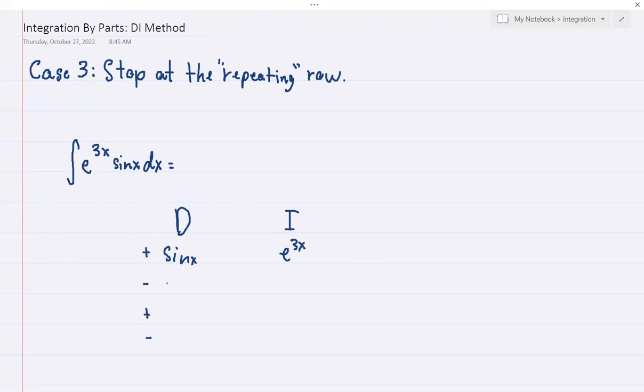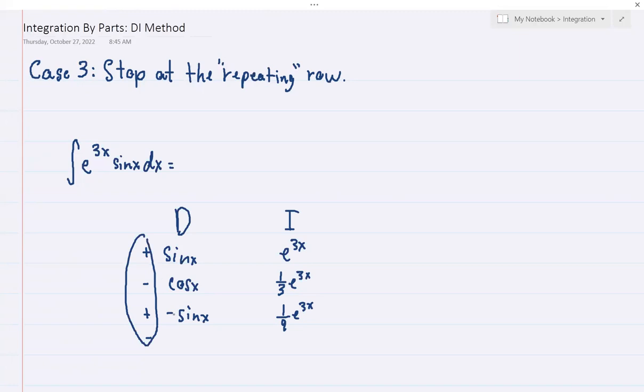The derivative of sine x is cosine x. The derivative of cosine x is negative sine x. Here, the integral of e raised to 3x is 1/3 times e raised to 3x. And the integral of 1/3 times e raised to 3x, we will have 1 all over 9 times e raised to 3x. Now, stop right here.